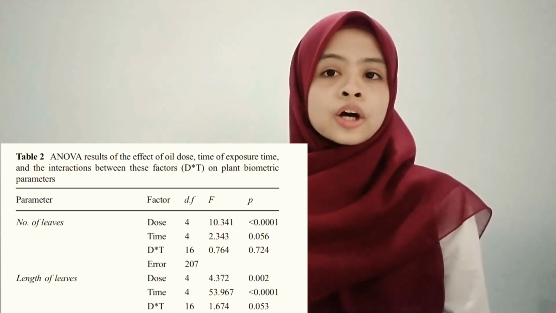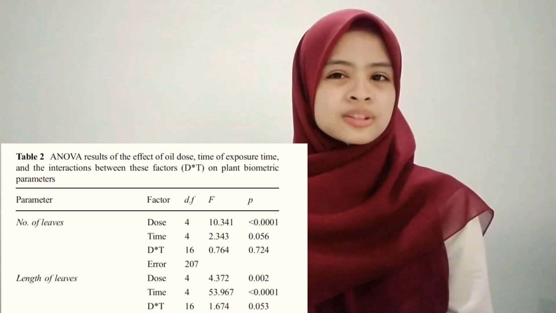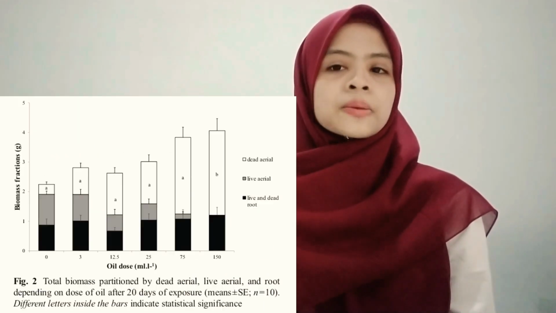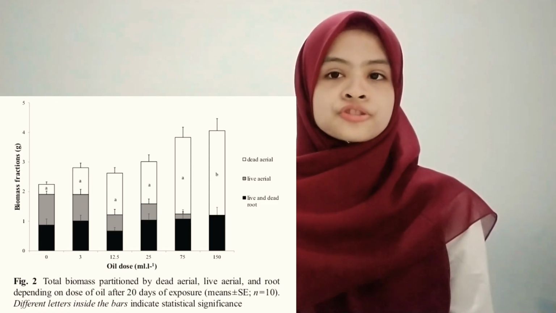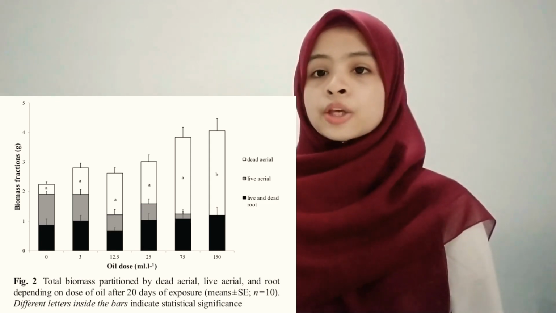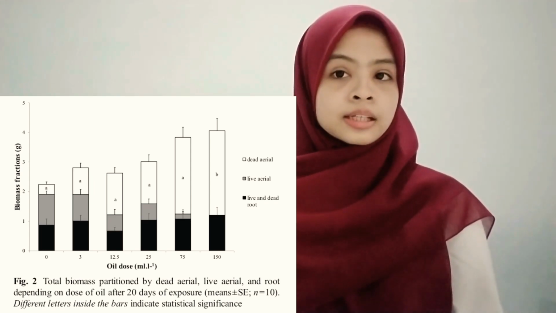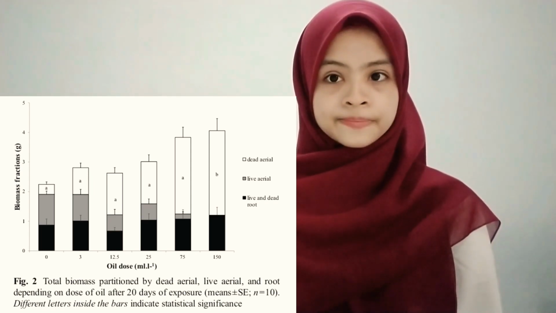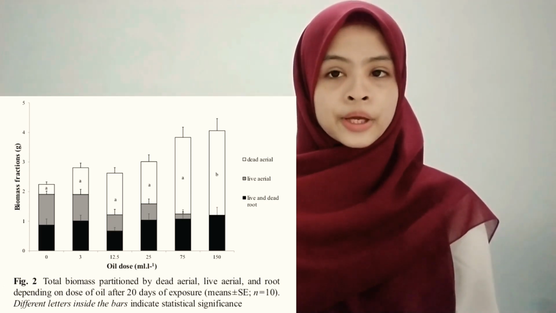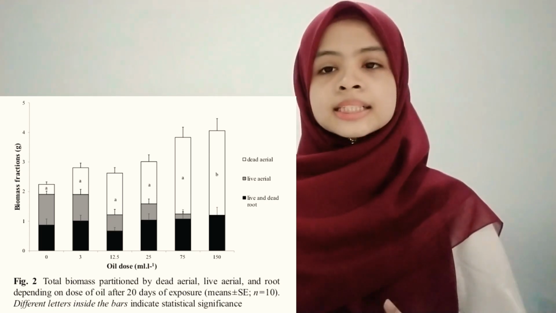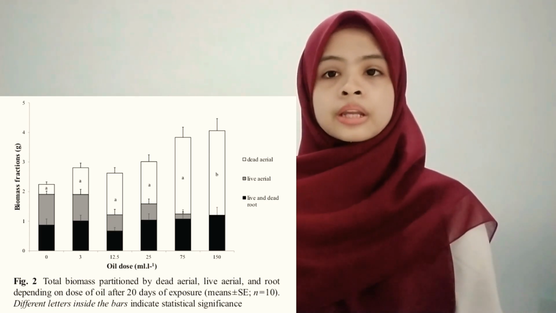Second, the length of roots is not affected by dose exposure. Next, the total biomass. Live biomass tended to decrease, but the accumulation of dead biomass increased significantly until 20 days of exposure. For aerial biomass, after 20 days, there was a tendency toward a reduction in aerial biomass.